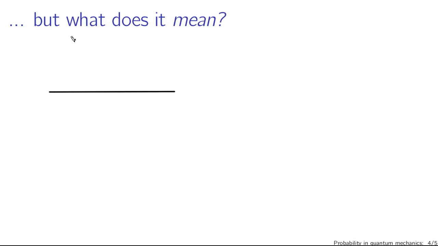Suppose I have a wave function, which I'm just going to plot as the squared magnitude of psi. Suppose it looks something like this. Now that means I'm perhaps likely to measure the position of the particle somewhere in the middle here.